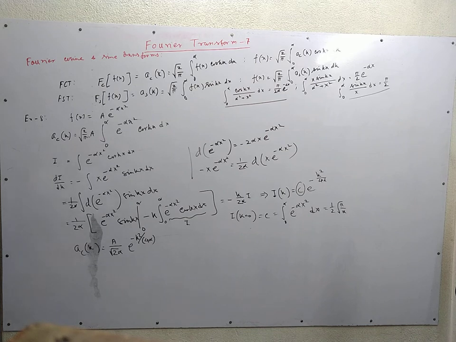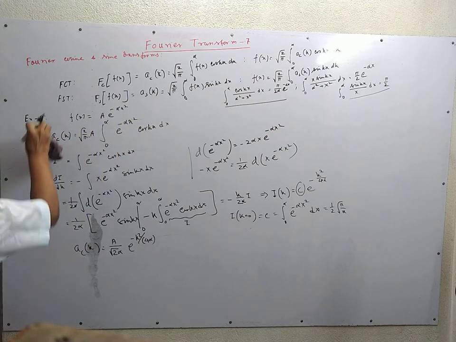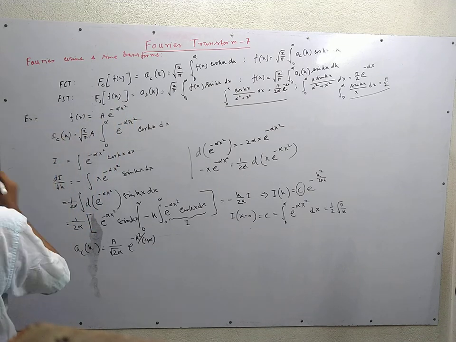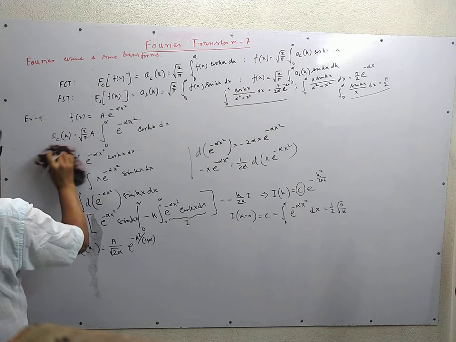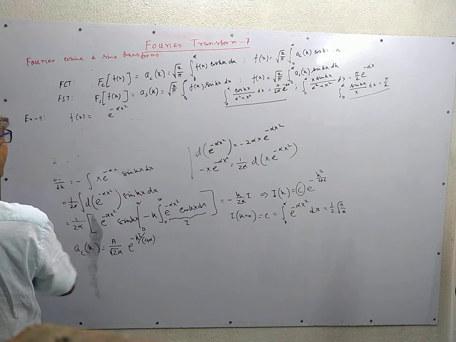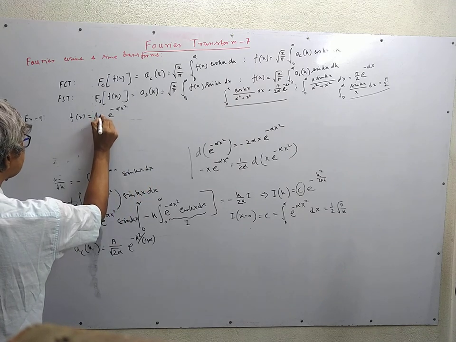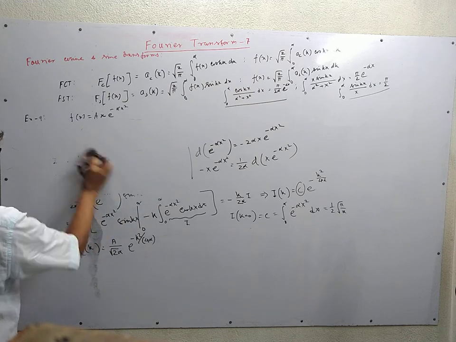If we want to find the sine transform, as it is an even function, we cannot find the sine transform of it. So we first have to make the function odd. To make the function odd, we write it thus.